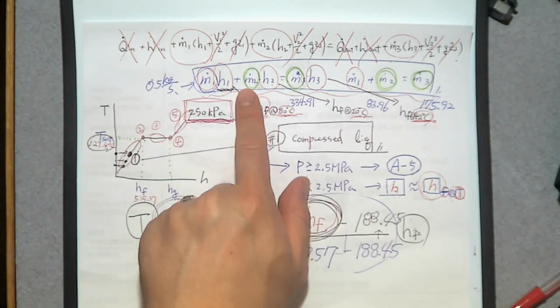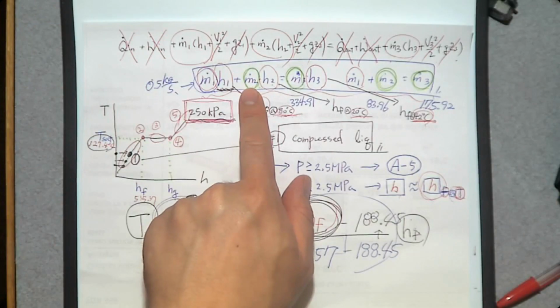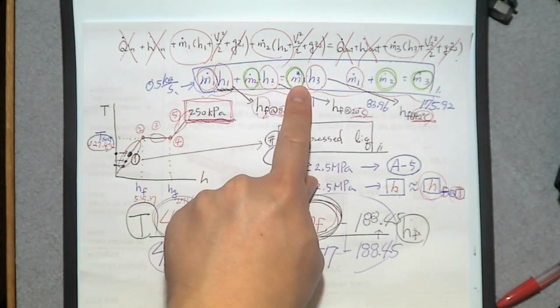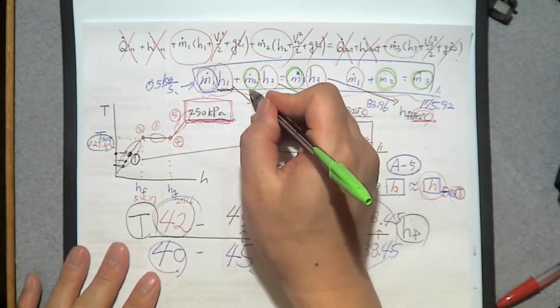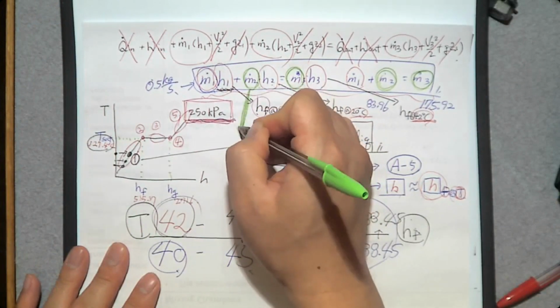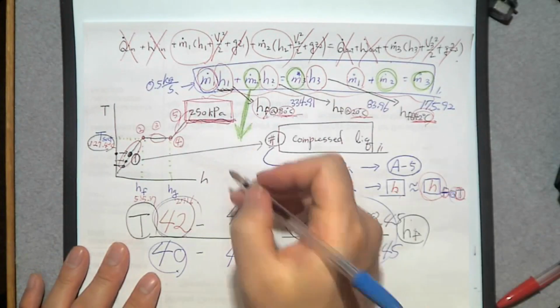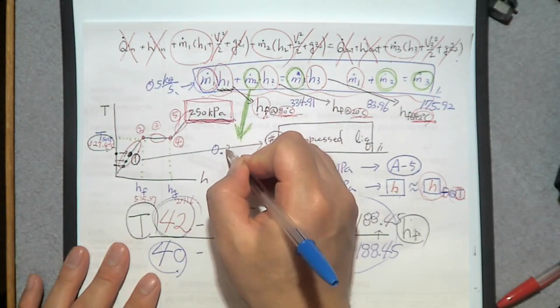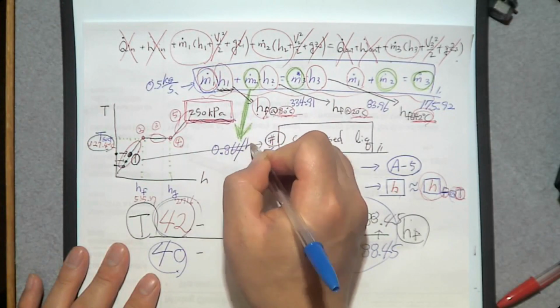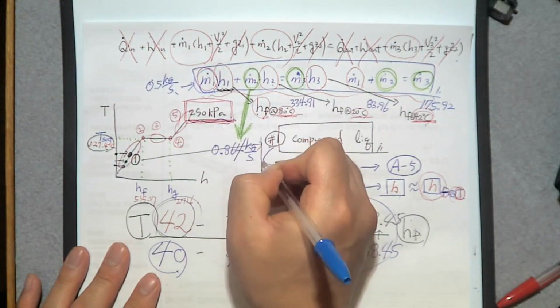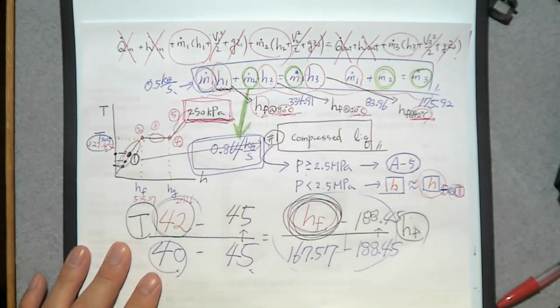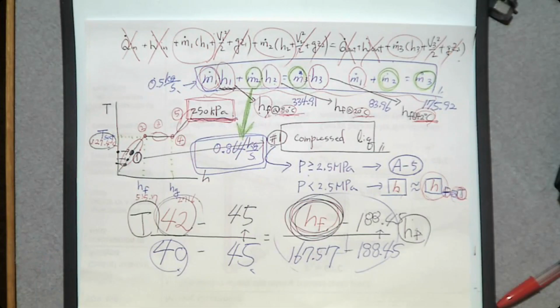We only have two unknowns, m dot number 2 and m dot number 3. So you can determine m dot number 2, which is what we want to determine, 0.864 kilogram per second. That's how you solve this problem.